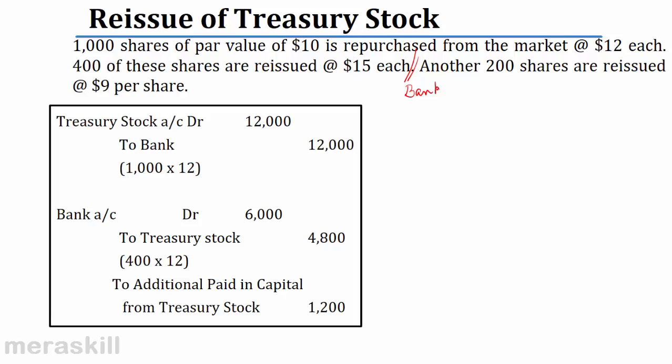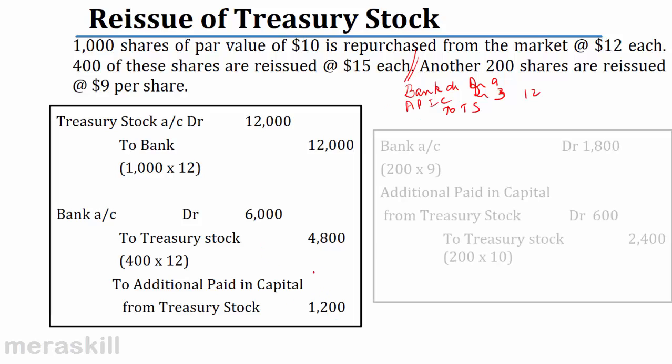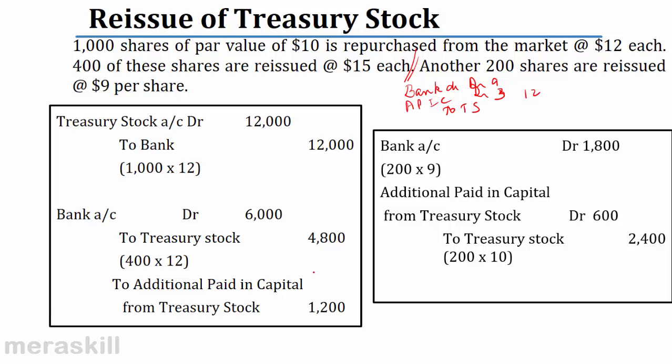If I take just one share, it should be bank account, debit, I get 9. But to treasury stock, I will take 12. So the difference will be 3, which I could put in APIC. Is it clear? Because I already have an APIC from treasury stock. So let us look at this entry. Bank account is 1,800. Additional paid in capital from treasury stock 600 to treasury stock 2,400.